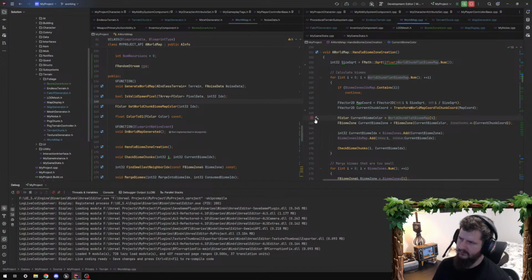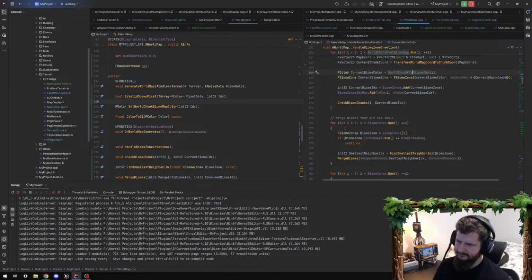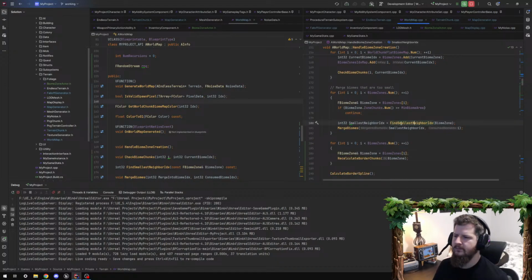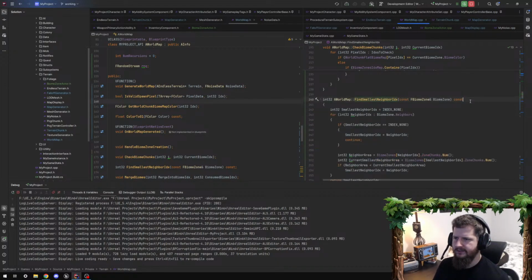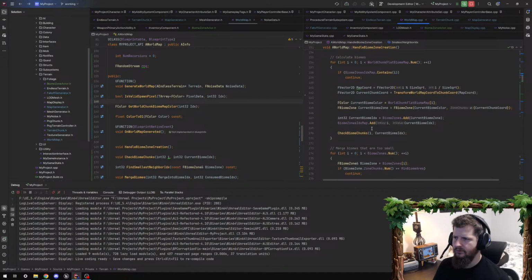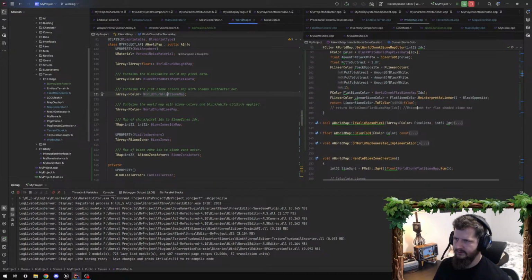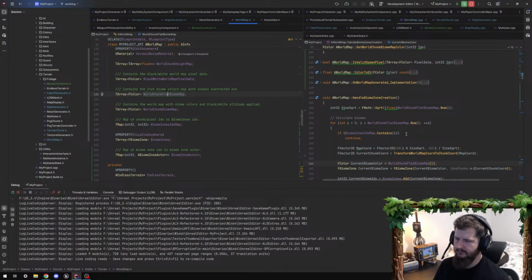Yeah, so the world chunk flat biome map is what we would need. Is that the only thing we need, though? Find smallest neighbor index. Yeah, I'm just looking through real quick to see what I use from the world map. The world chunk flat biome map is all created in the world map.